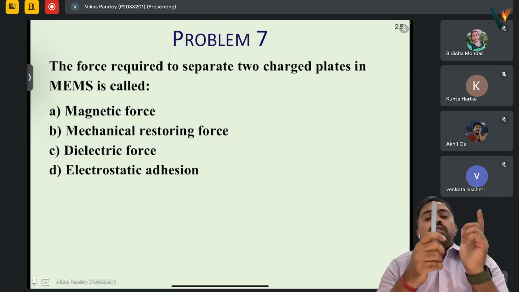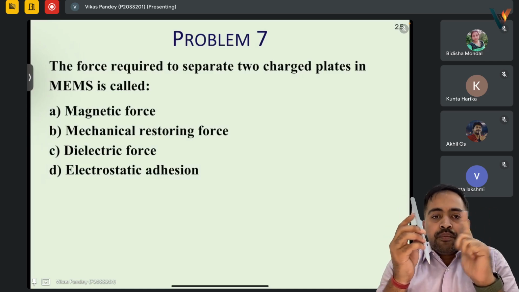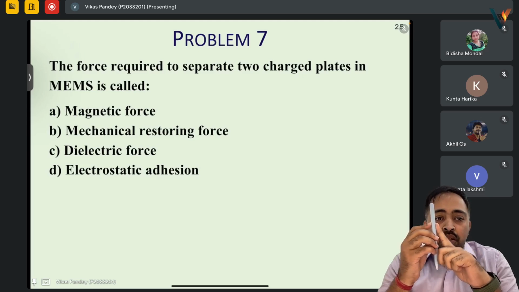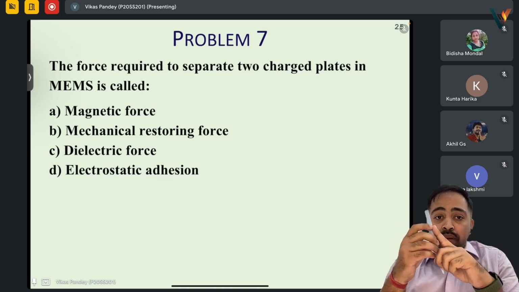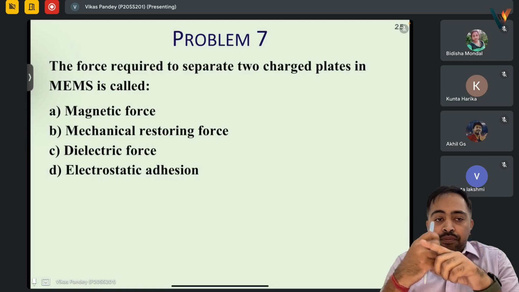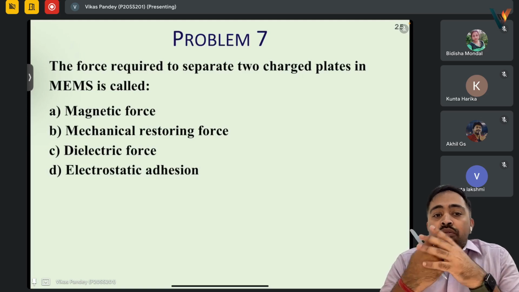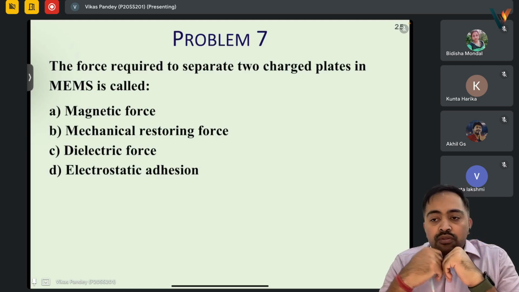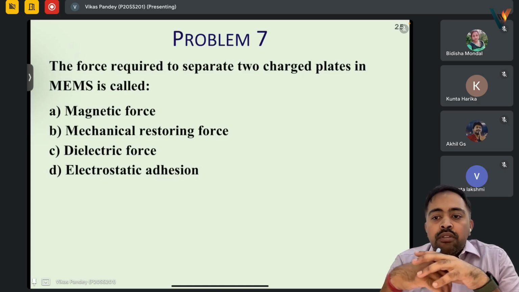Suppose that due to the voltage we applied, two plates stuck to each other. So what force will be able to bring it back to its position? Will it be a magnetic force, a mechanical restoring force, or dielectric force, or electrostatic adhesion force? Yes, anyone?